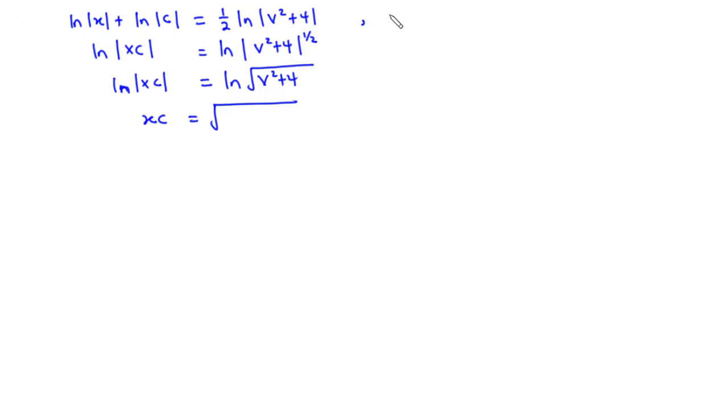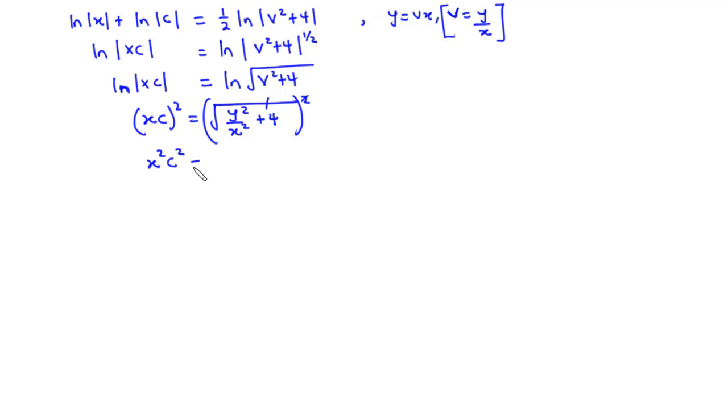Now we know that y is equal to vx, so v is equal to y over x. So in place of v we have y over x, so that becomes y squared over x squared plus 4. Now at this point you can square both sides of the equation to do away with the radical, the square root. So that becomes x squared c squared equals y squared over x squared plus 4.